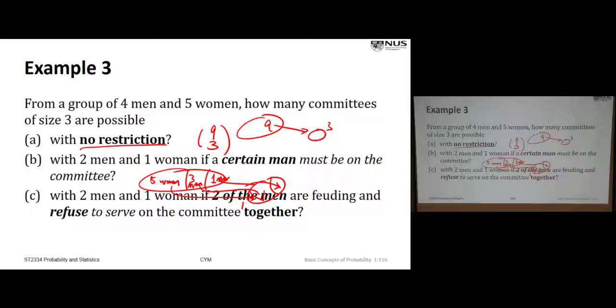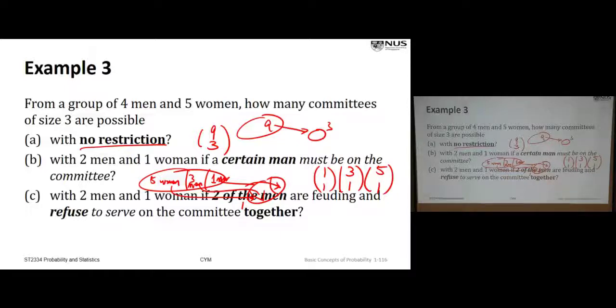So the number of ways to do it will be: I choose 1 man from the 1 particular man group, and then from the remaining 3 men, I choose 1 man, and then from the 5 women, I choose 1. Now you have to understand, first of all, why we multiply: because for each choice, there are so many other ways to choose, to form this committee.